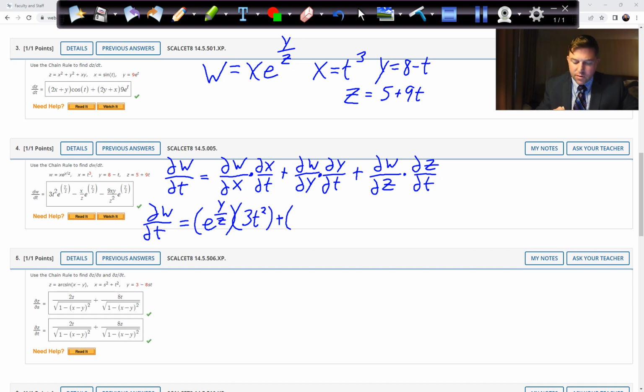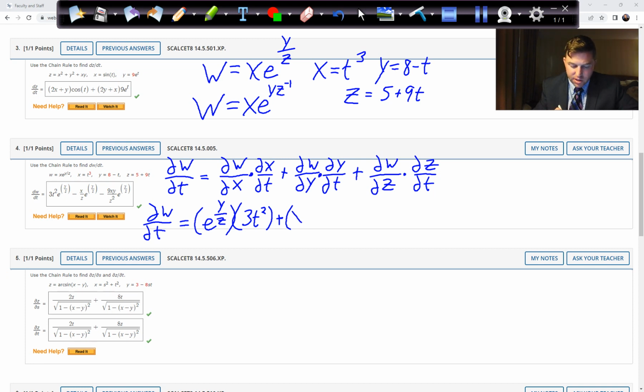Okay, now partial derivative of w with respect to y. Maybe I should write this a different way. This is going to be x e to the y times z to the minus 1. Let's write it like that. Okay, so the partial derivative of w with respect to y, x and z are constants.